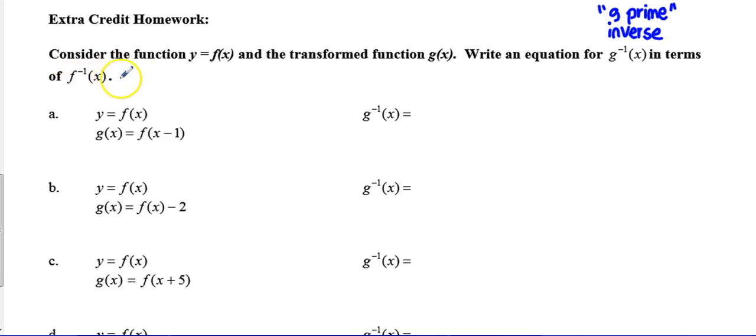So the inverse of f. So this was inverse of g, and this is inverse of f, or f prime.